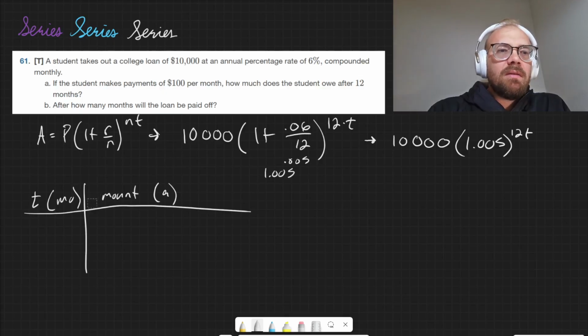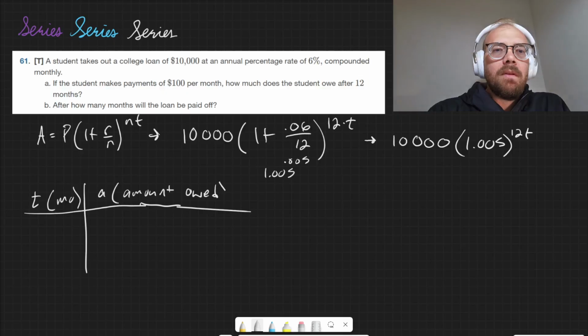Actually, let's flip that around because that's not matching the other thing. Let's get a little bit more organized. So A for the amount owed. When we first start out, we owe 10,000. Pretty simple.